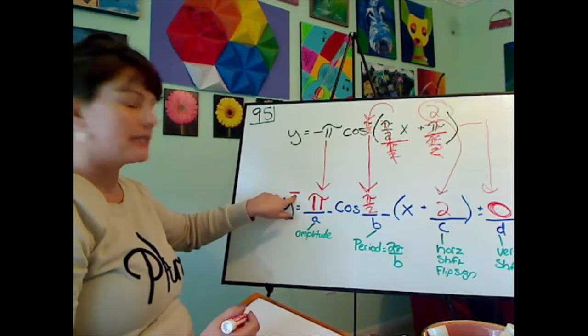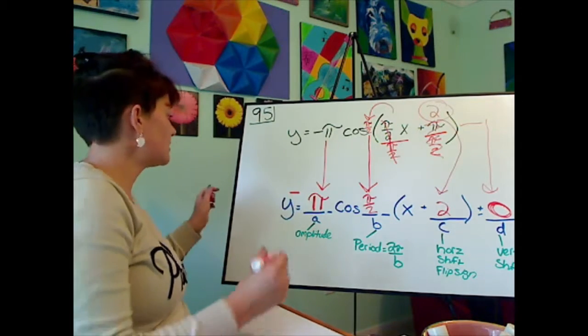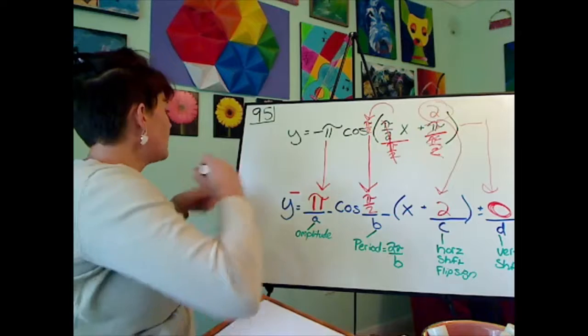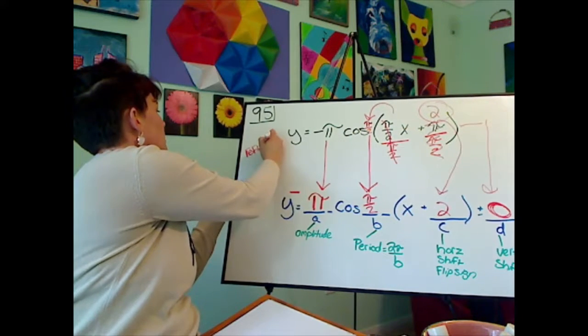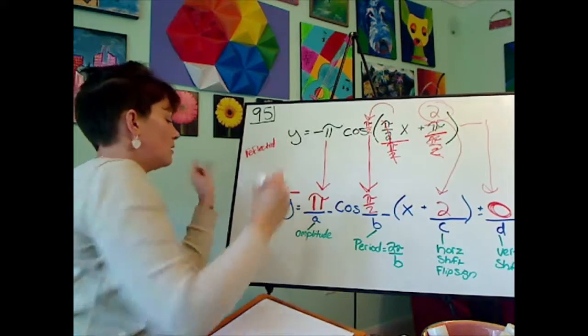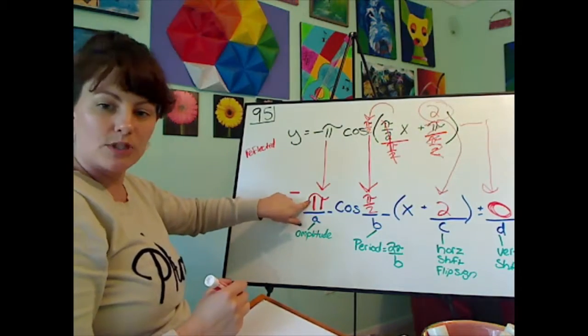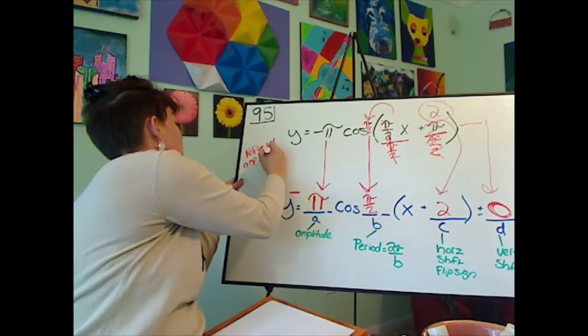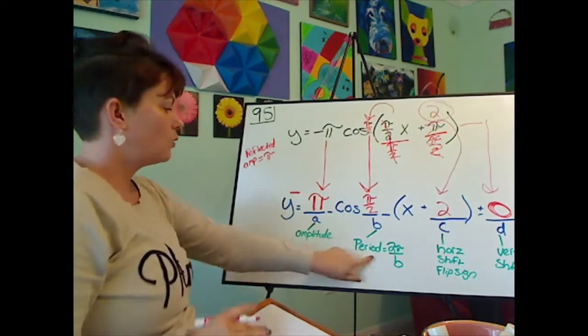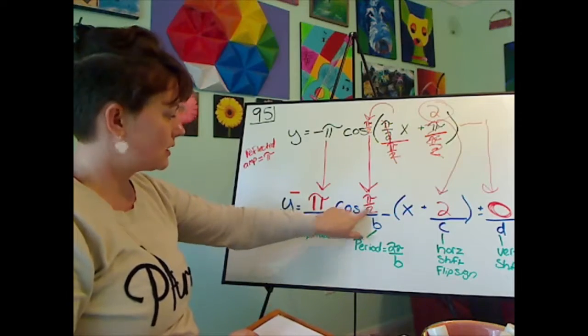So now we can figure out all our different things. This little negative here means that it's reflected over the x-axis. This tells us that our amplitude is pi. We can figure out our period by using this B value here.